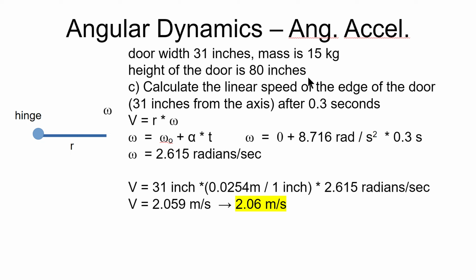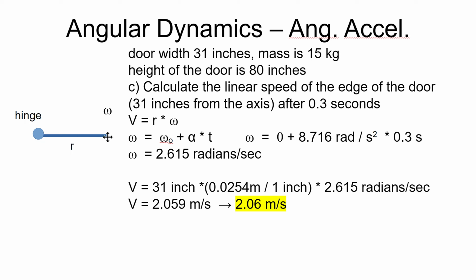Then calculate the linear speed of the door. This door is rotating. What is the linear speed of the edge of the door as the rotation takes place? Well, to calculate the linear speed, that linear speed v is equal to the radius times omega.